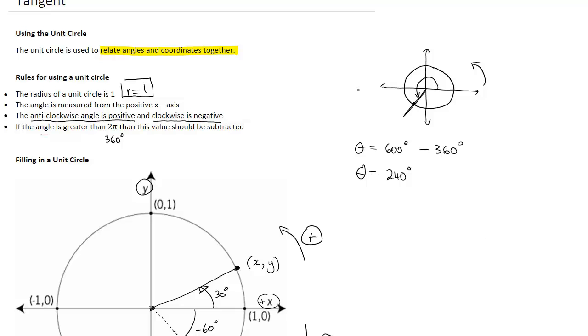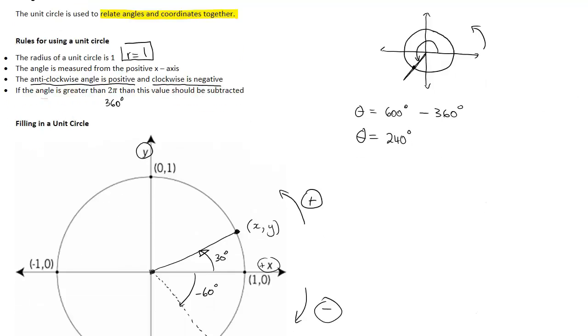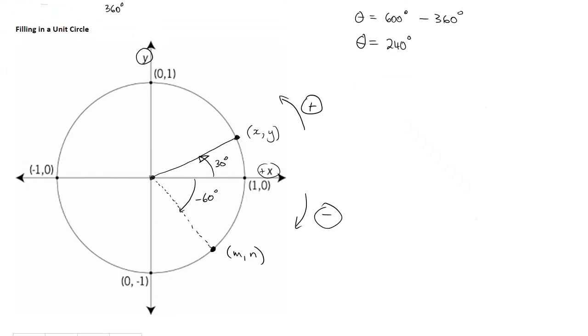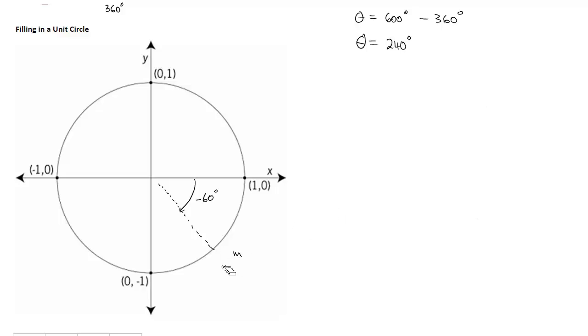Now let's have a look more closely at the application of these. I've already mentioned that in trigonometry you are relating your x and y coordinates together. So I'll just rub this out and start from that again.